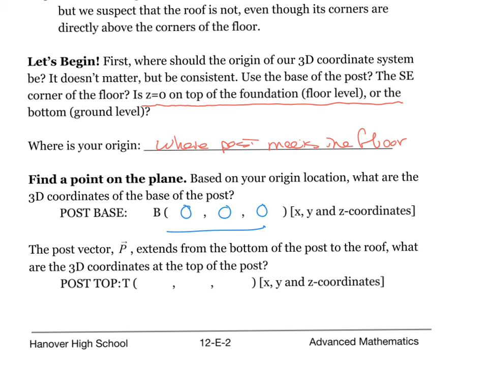Well, if you put a vector and start it at the origin of the axis system, the end point of the vector is going to be at a point whose coordinates are exactly the same as the components of the vector itself. This is why this is so nice. So now I can say the post top is -3, 2, 10. Again, this is a little bit of a blurring of the lines between what is a vector and what is a point.